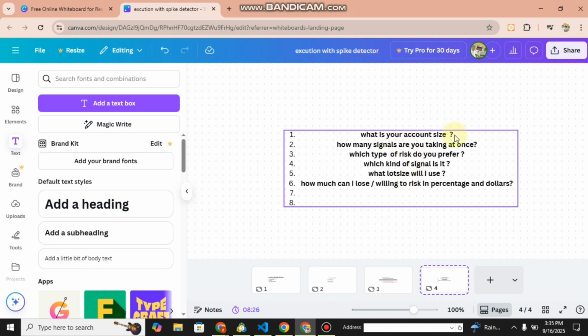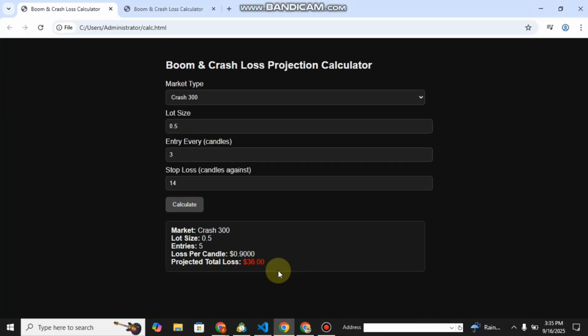What is your account size? If you have a $50 account and you see that just by taking one signal in Crash 300 you lose $36, you reduce the lot size until you are comfortable. You can use 0.07, for example, and calculate.